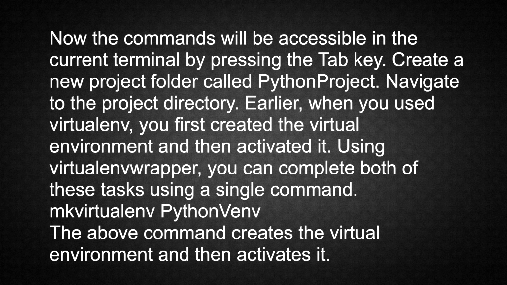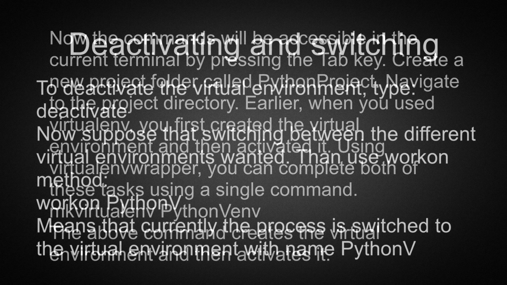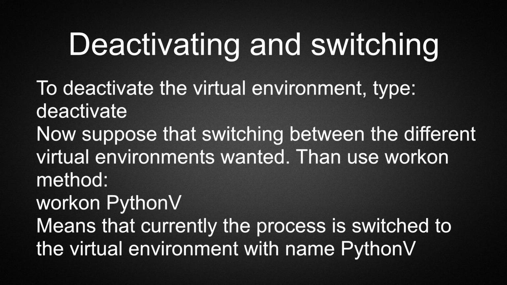If you use virtualenvwrapper, you can complete both of these tasks using a single command. For example, the command mkvirtualenv with python venv will create a virtual environment and activate it automatically. To stop using this environment, you only need to deactivate it, as we did before.